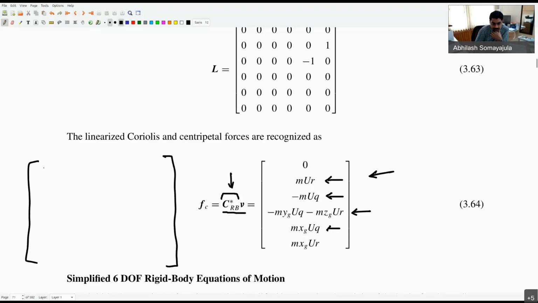First row should be all zeros, and I'll be looking at a 6 cross 6 matrix. Second row, what should I have? The first term should be... We want to express this as a multiplication with respect to UVW, PQR.